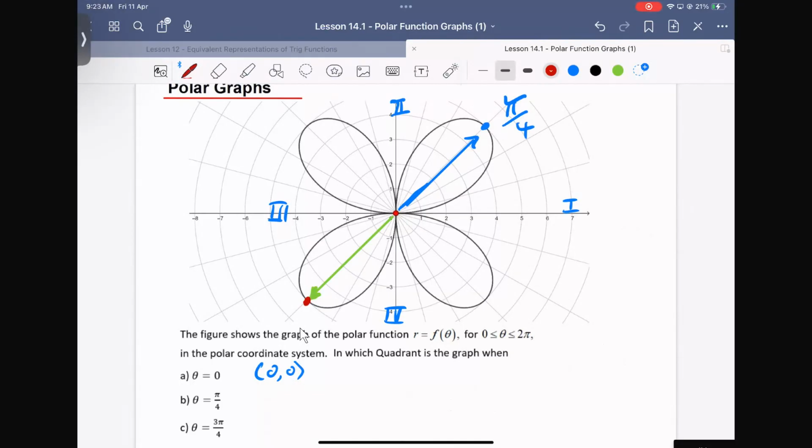When theta equals pi over 4, that's the point that I've drawn. r is going to be minus 4, so it's going to be minus 4 comma pi over 4.